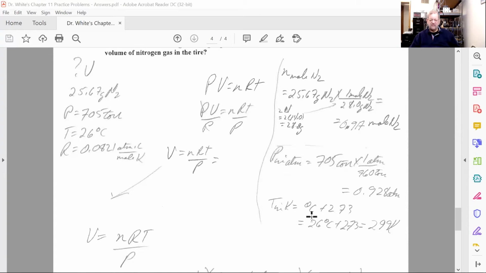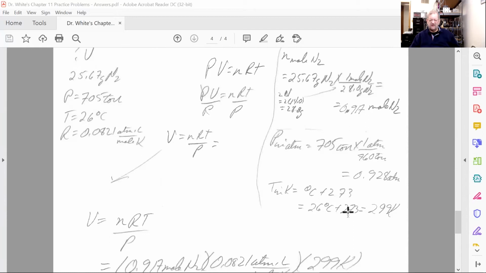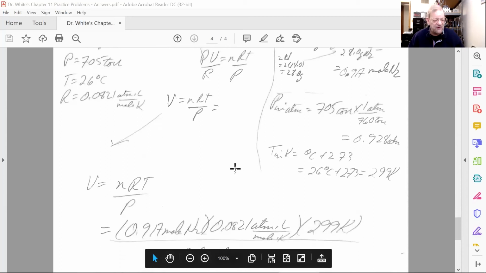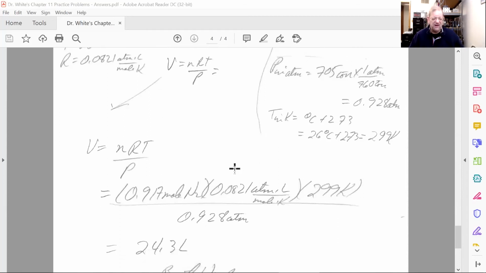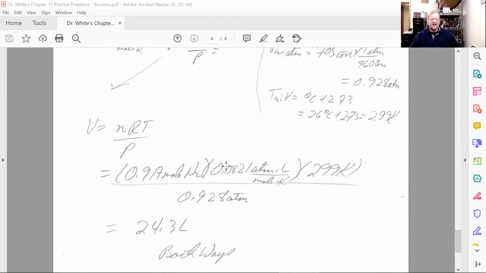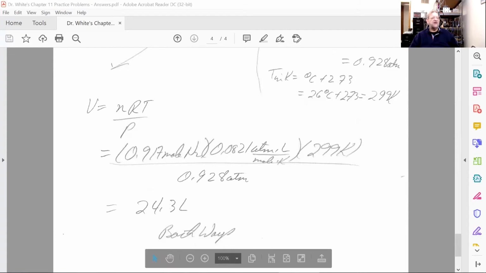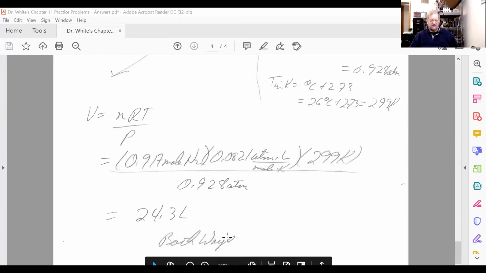Temperature, degrees C to Kelvin, degrees C plus 273. Here's our number, we get 299. And now, once you've done that, you can put in your numbers, and the answer is 24.3 liters. And that's what your car tire is.